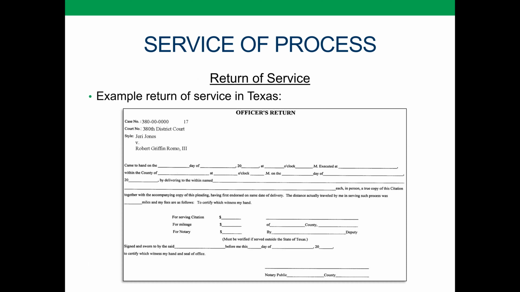Notice also that there are blanks for the amount charged by the process server to the plaintiff's firm for these services. If the process server has charged for this, this would be evidence of service of process charges for court costs down the road. If the plaintiff wins the case, then these charges for service of process would be part of the out-of-pocket costs that the plaintiff would automatically be entitled to reimbursement from by the defendant.